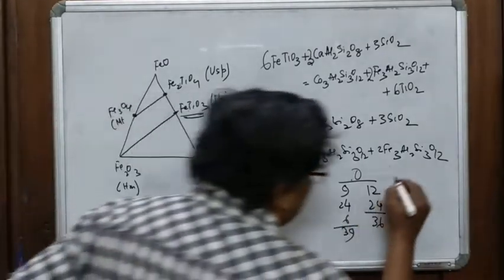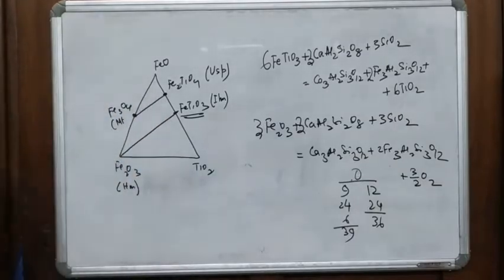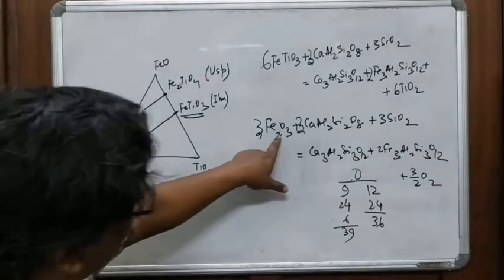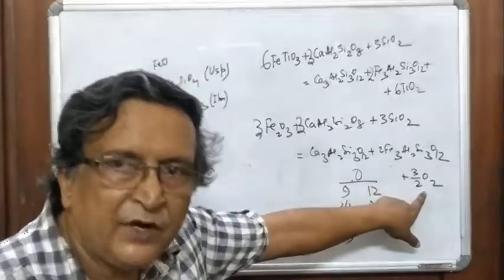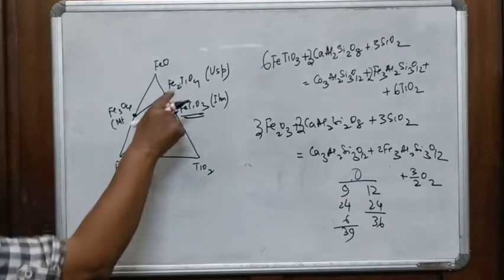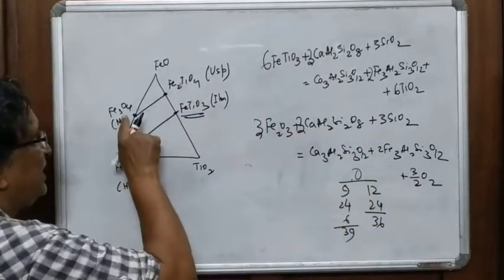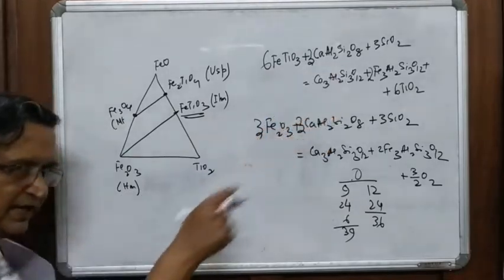This is because on this side it will be 3 by 2 O2. This is an oxidation reaction. So if you have magnetite, you will have an oxidation reaction. So this is how reactions are. So you can take ulvospinel plus plagioclase and you will get a garnet. You will get magnetite plus plagioclase, you will get a garnet.